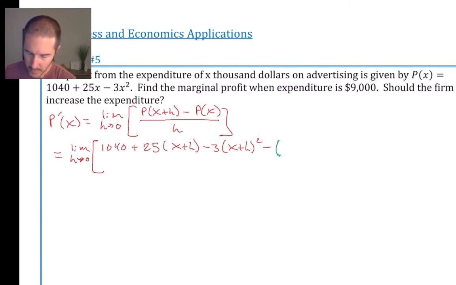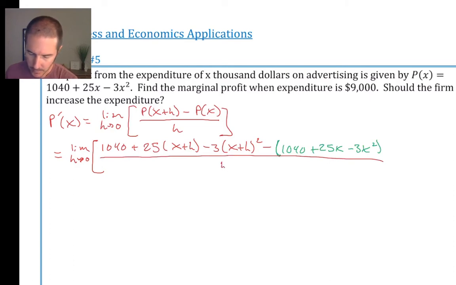So we're subtracting the 1040 plus 25x minus 3x squared, and then we're going to take all of it and divide it by h. And then we'll bring that limit statement with us. I'll keep trying to remember to do that.